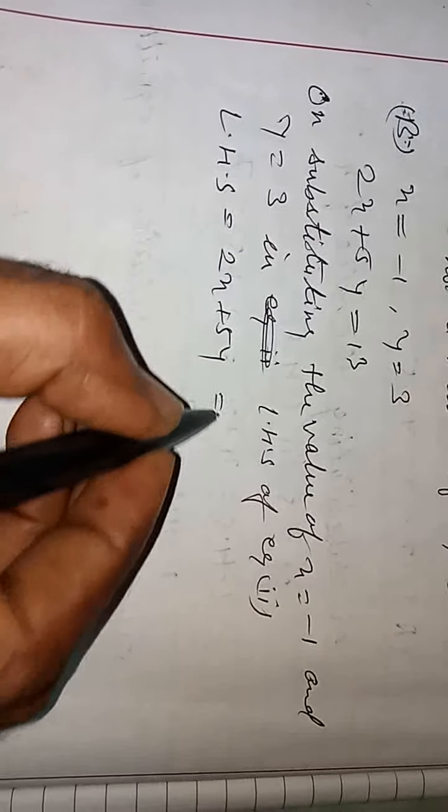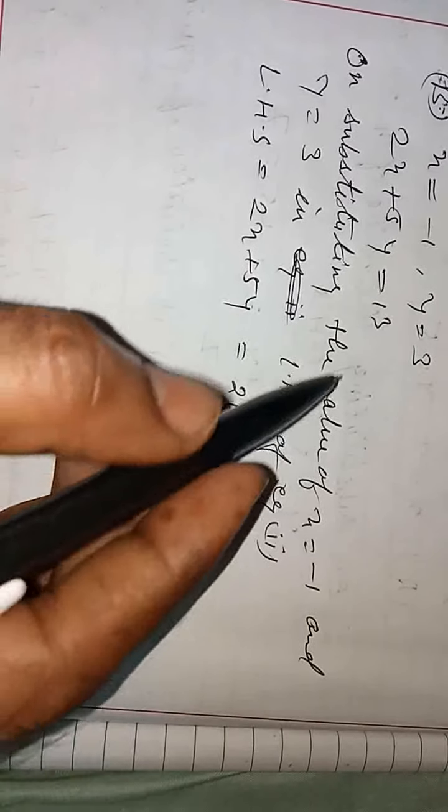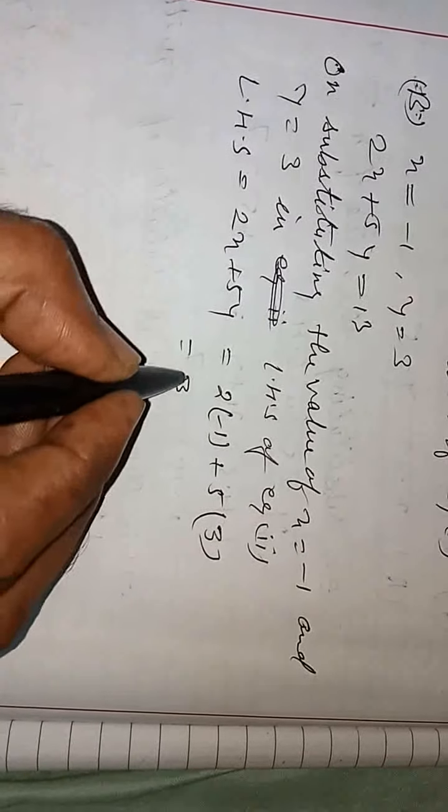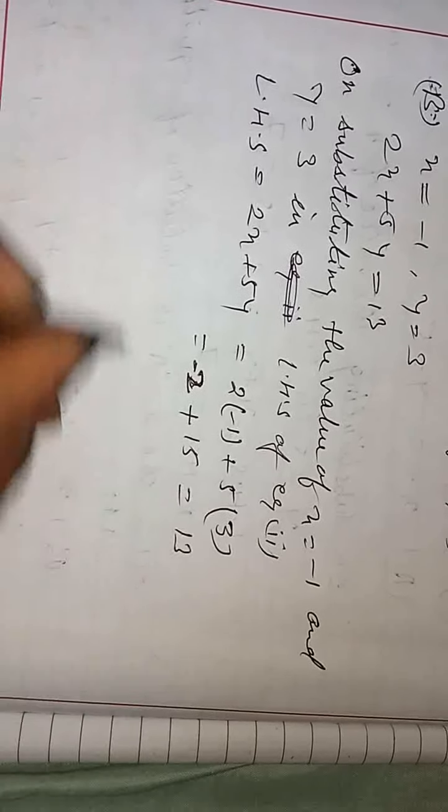So LHS is 2x plus 5y. So at the place of x we put -1. So 2 into -1 plus 5 into, at the place of y we put 3. So -2 plus 15 is equal to 13.